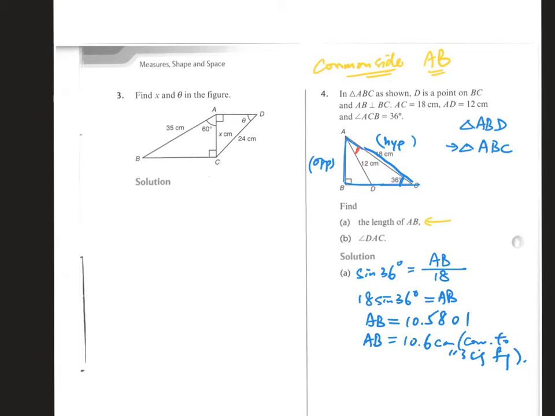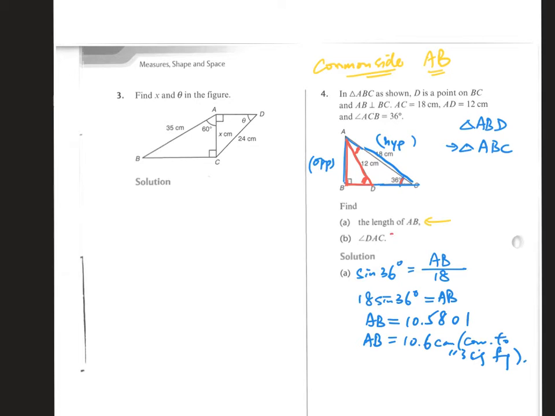So that's why I don't consider it. Secondly, if you want to find this one, and you see there is a 36 degree angle here, together, added up, it gives you the exterior angle of the triangle, angle BDA. And this one may be good because, according to 12 and the AB we have just found, you can find the angle BDA over there. See whether you can follow the idea in my thinking.